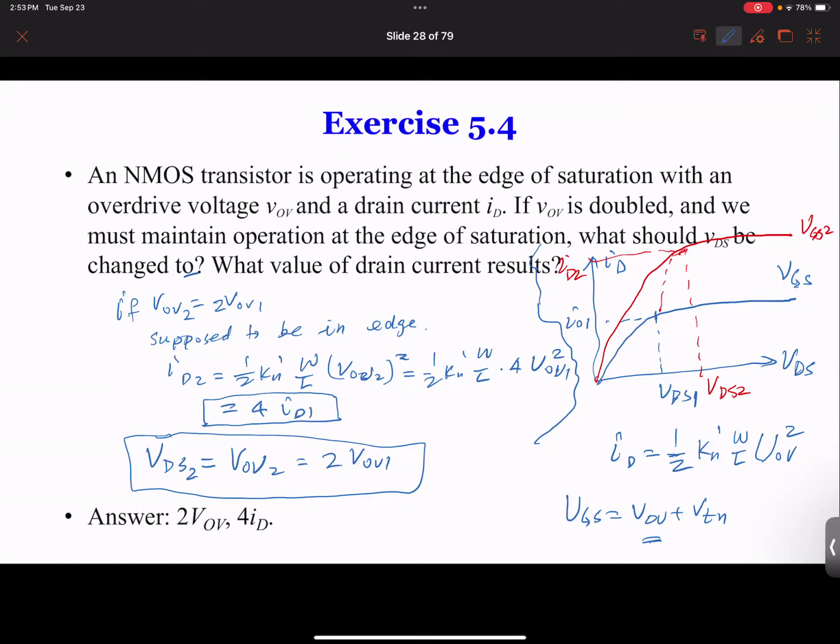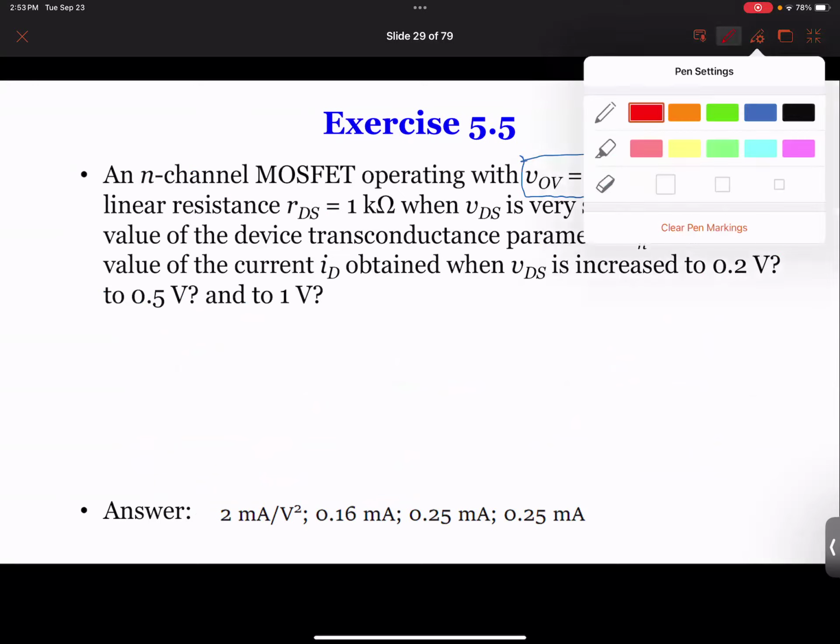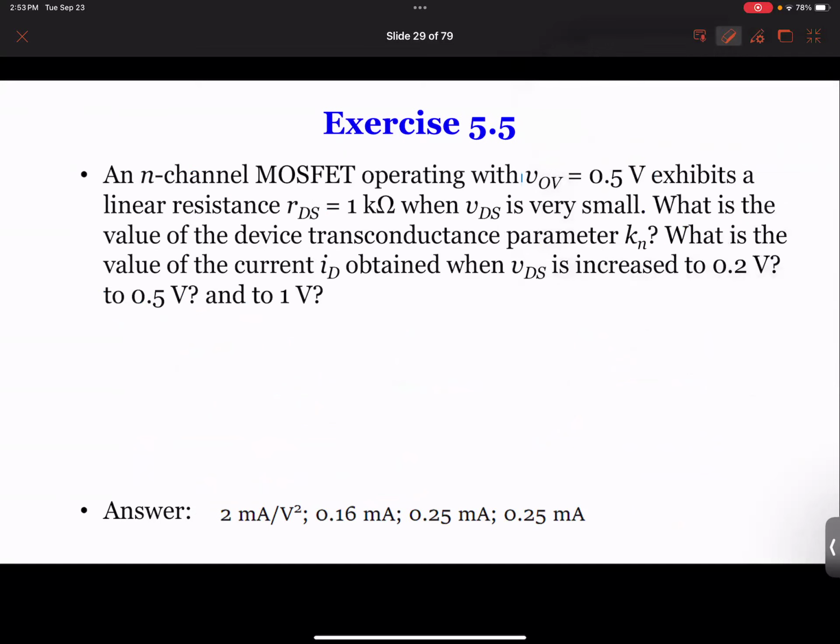Let me go to see. The next exercise is probably worth looking at. This is again another n-channel MOSFET operating with a VOV given. So first of all, let's use a red color to make it easier to see.